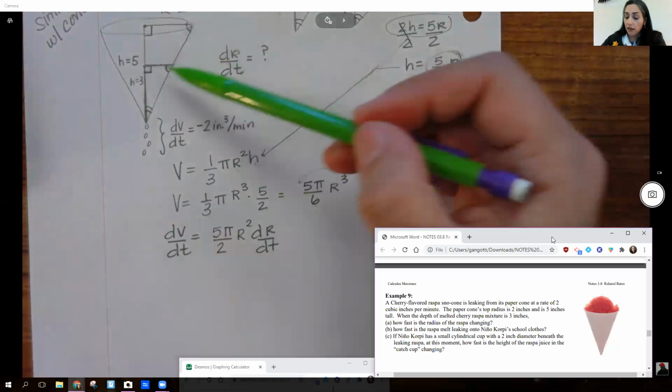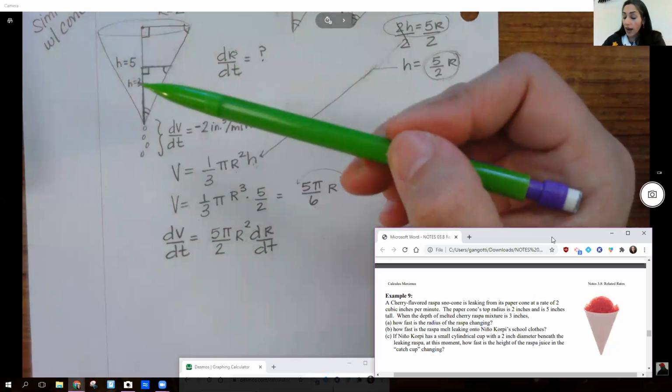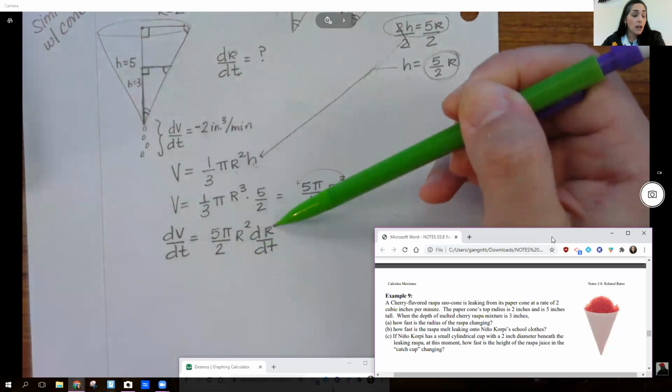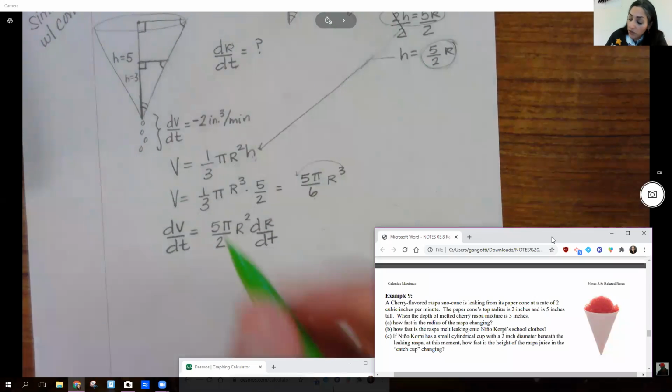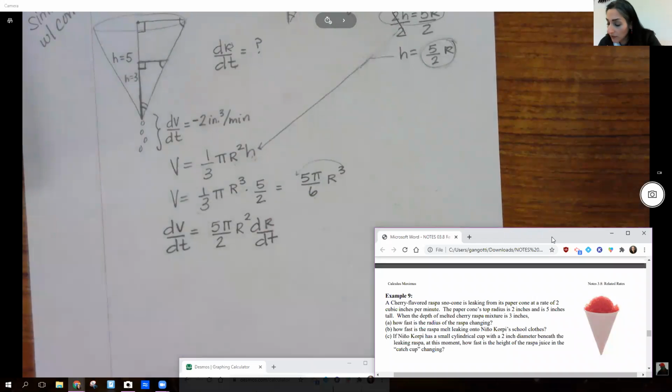We want to figure out dr dt when the height is 3. So I'm going to put a 3 in. Oh, I'm sorry, that was of height. Darn, I should have done the other thing, shouldn't I? Should we have substituted in for h instead of r? No, I guess we'll have to plug it in and figure out what r ends up being.